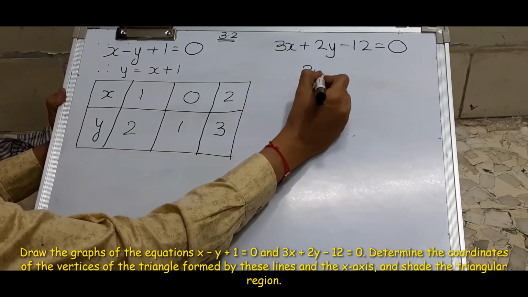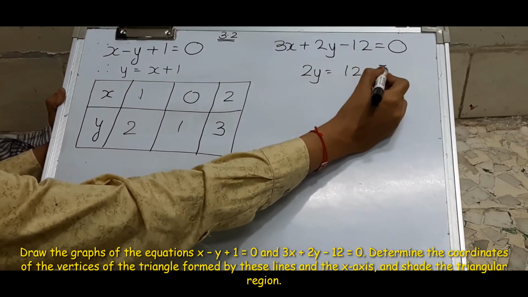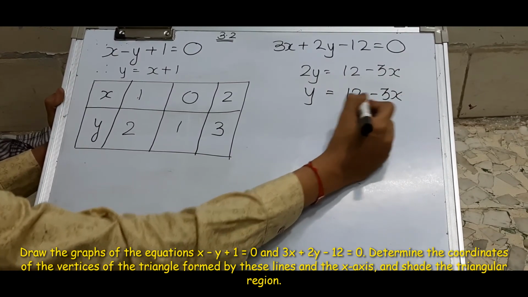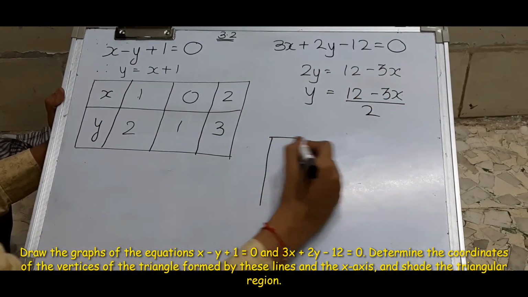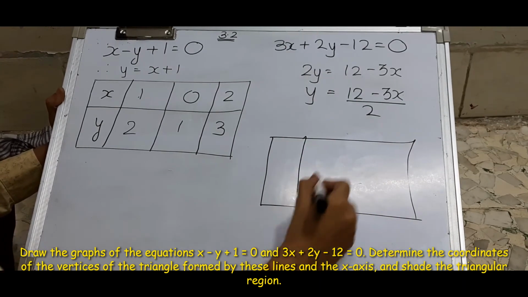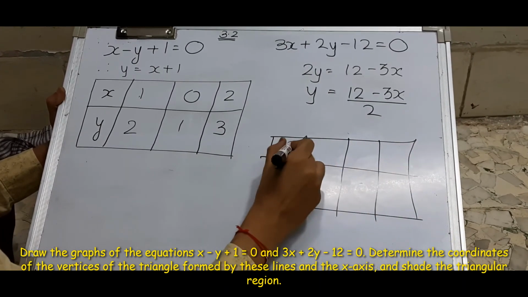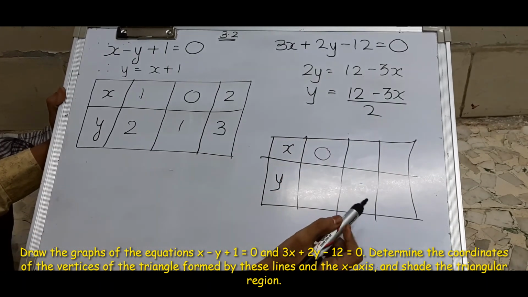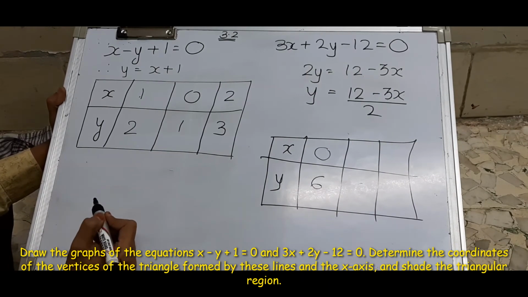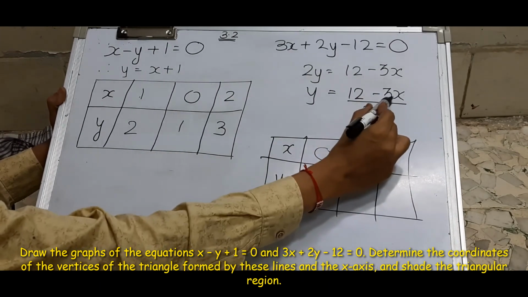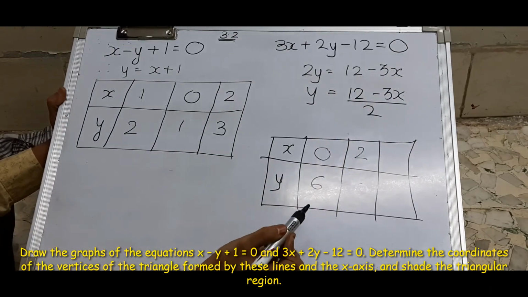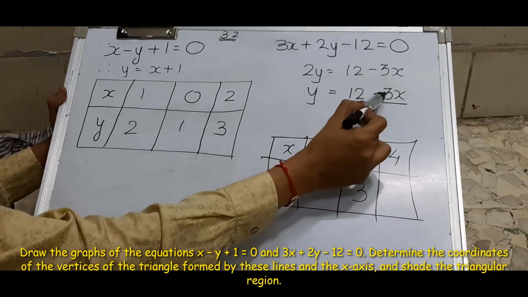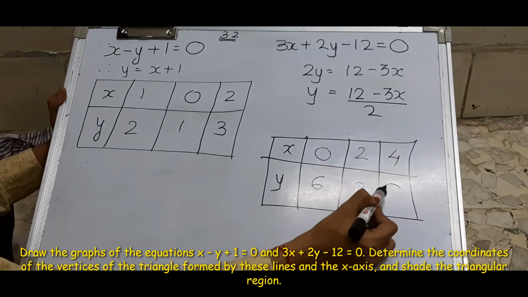Now here my y will become 12 minus 3x, that is y becomes 12 minus 3x upon 2. So if I take x as 0, 12 minus 0, 12, 12 upon 2, 6. If I take x as 2, 3 2s are 6, 12 minus 6, 6, 6 upon 2, 3. If I take x as 4, 3 4s are 12, the answer will be 0.